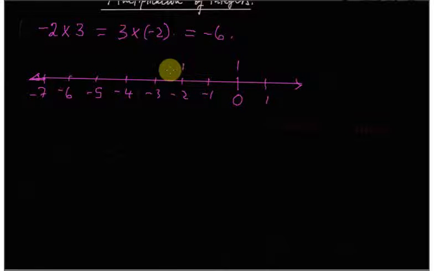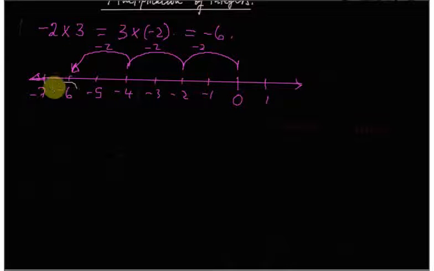Again another group of 2, and again another group of 2. So you get first time, second time, third time. So you end there. This is negative 2, negative 2, negative 2. So in total you have negative 6, which is here.